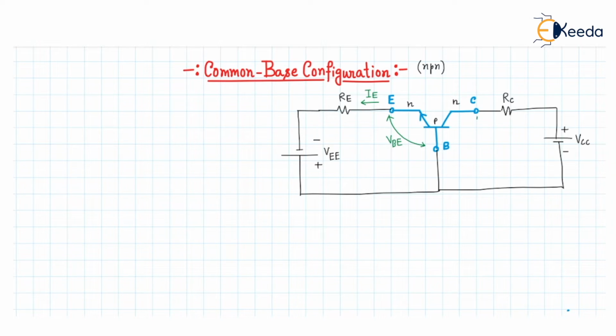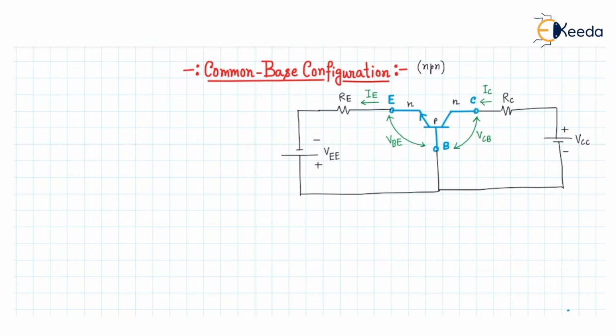Similarly, you can get here a potential that is the VCB potential, and the collector current will be in the inward direction at the collector. So this is the direction of current in the emitter terminal and the collector terminal.